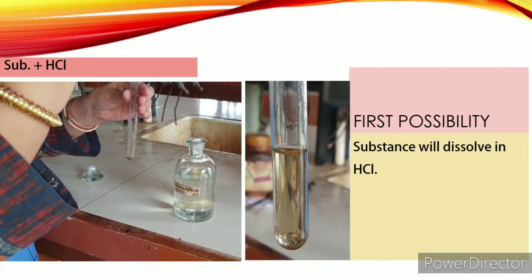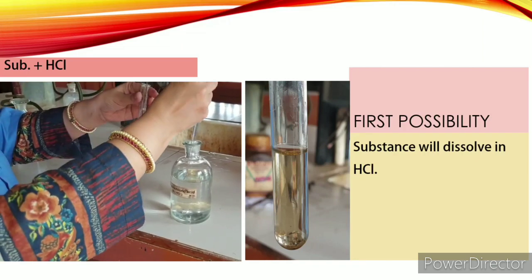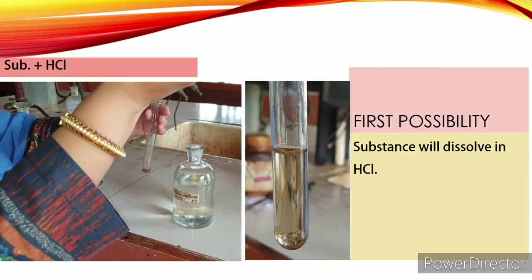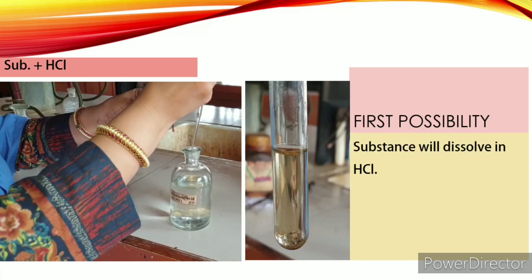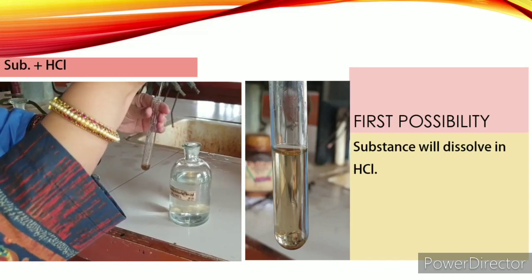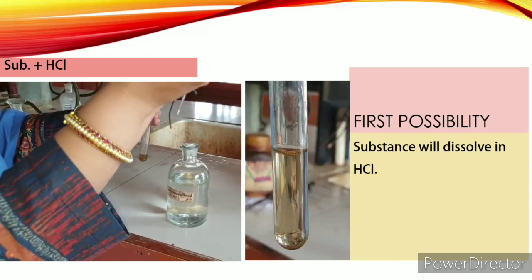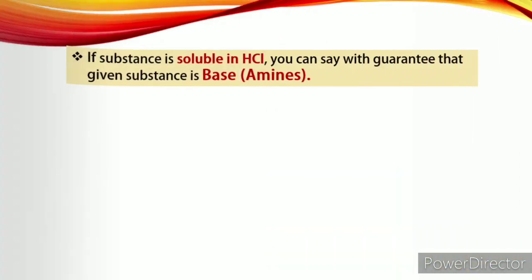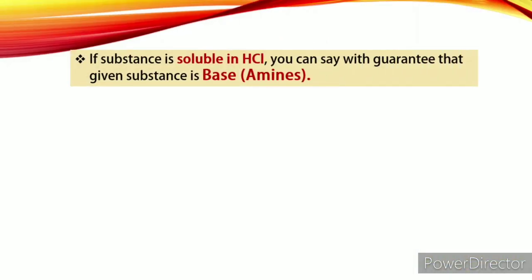Now take a small quantity of the substance in a test tube and add HCl. If the substance dissolves completely, you will say that the given substance is a base. Which functional group in an organic compound shows basic nature? Amines.